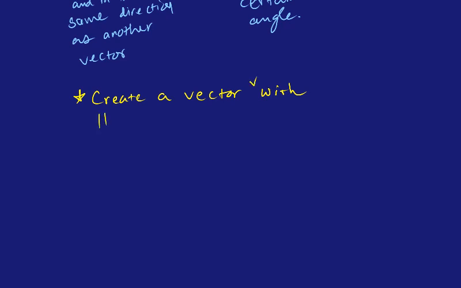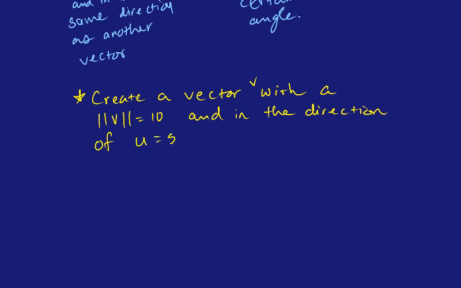You want v to have a magnitude of 10 and in the direction of, say, u, and u is, let's say, 5i plus 2j.